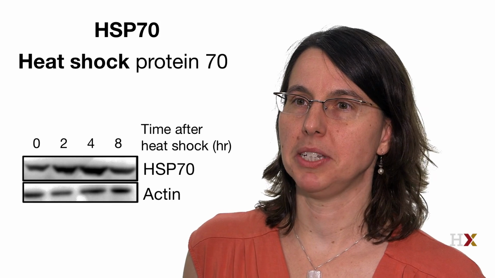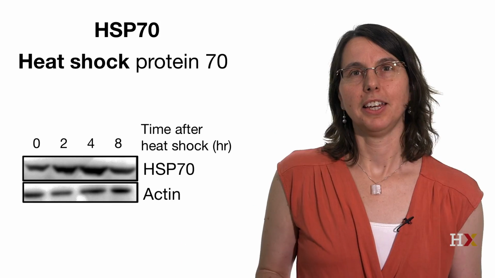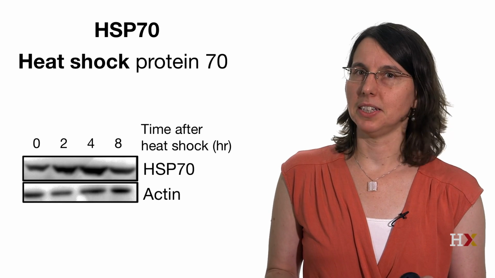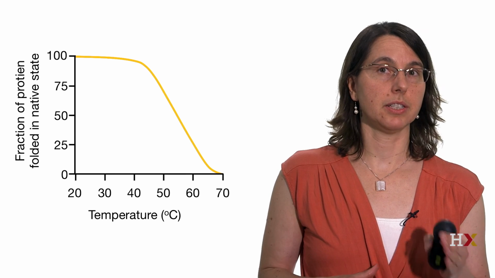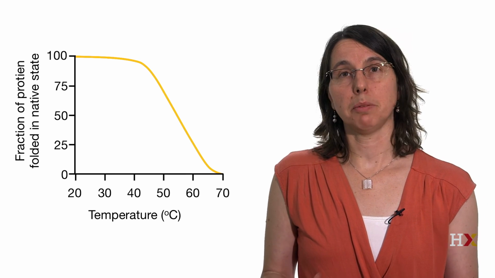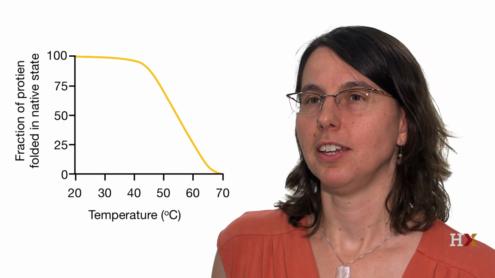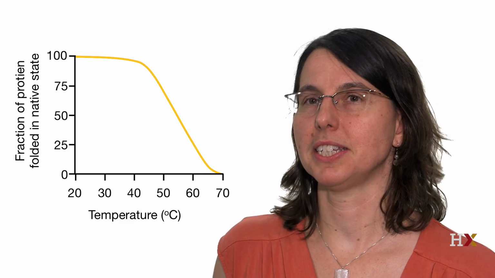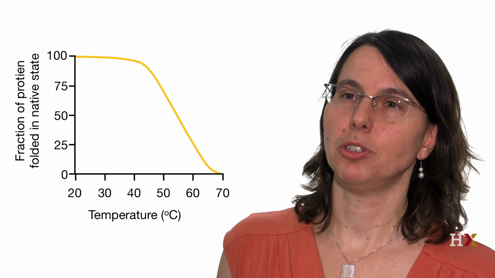So why is HSP70 expression increased so much with heat stress? Heat can cause proteins to denature. This plot shows the fraction of protein that's folded versus temperature for a representative protein within the cell. As the temperature increases, there are more denatured proteins, or fewer folded proteins.